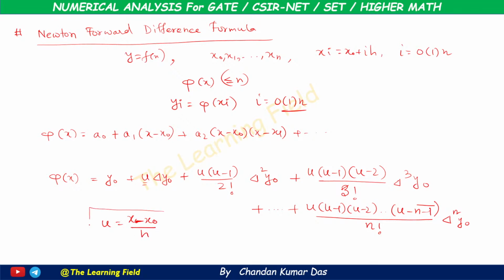We all know that xi equals x0 plus i h. So this is the Newton forward interpolation formula.